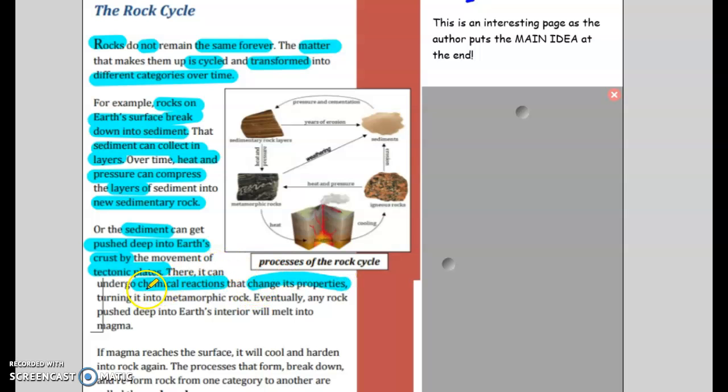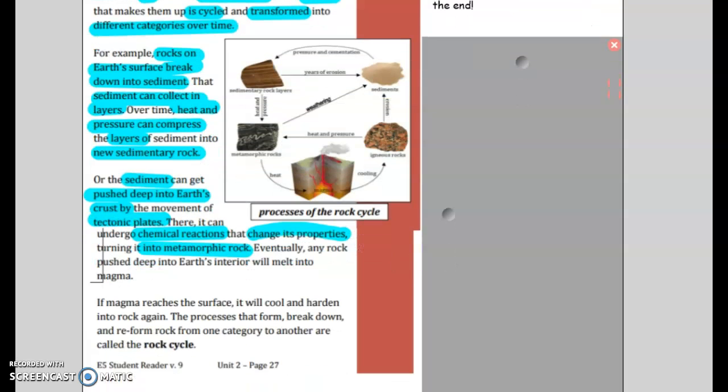Sorry, I just want to pick that for a minute. And it can turn into a metamorphic rock. I think I'll also add any rock pushed deep will melt into magma. That seems good. Okay.